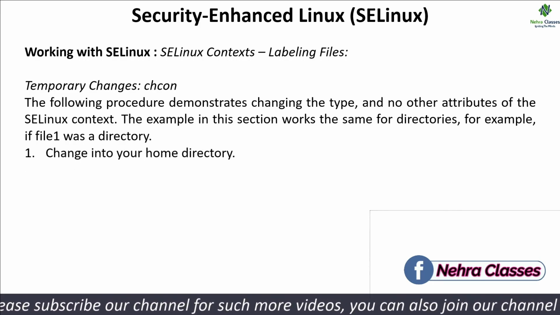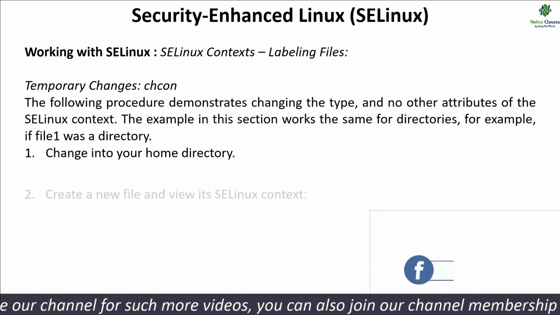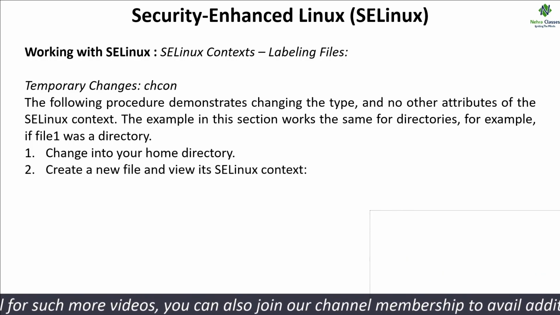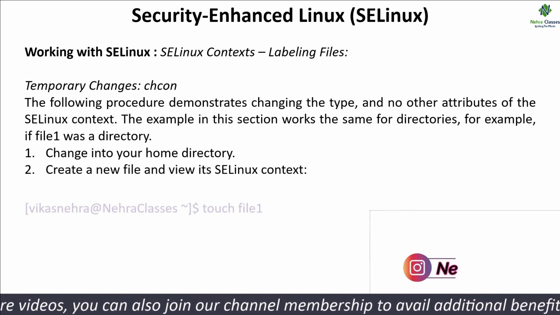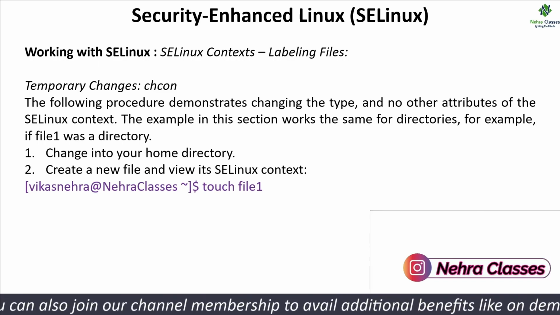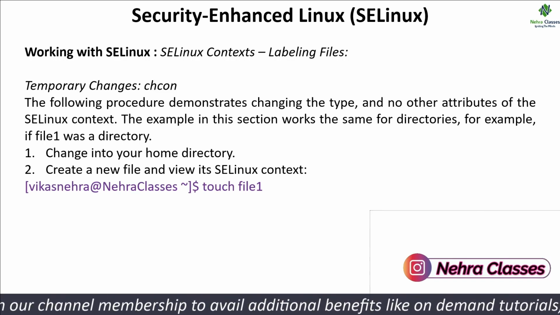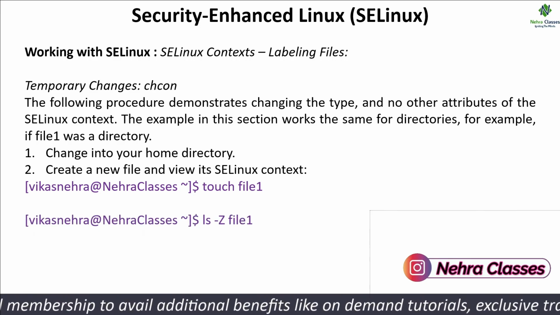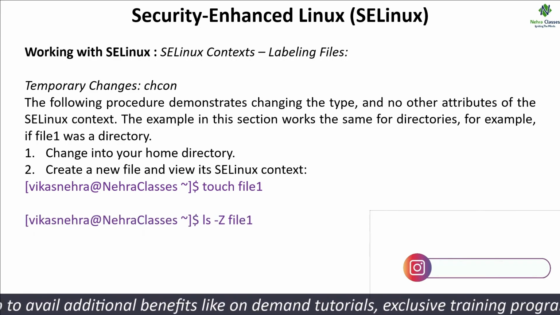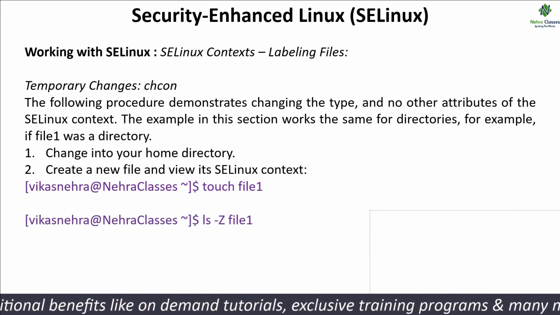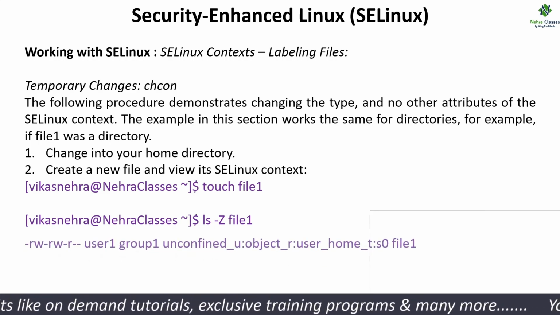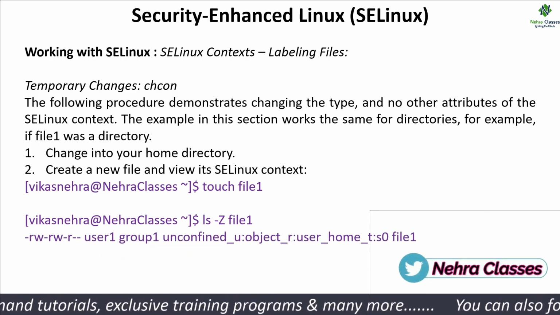So let's change to your home directory first and then create a new file and view its SELinux context. So let's go to the home directory and create a file here by running the touch command. After that, to display the SELinux context, we can execute ls -Z for this file and it will show the details of the SELinux context.